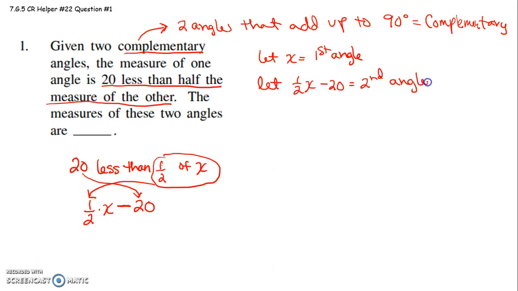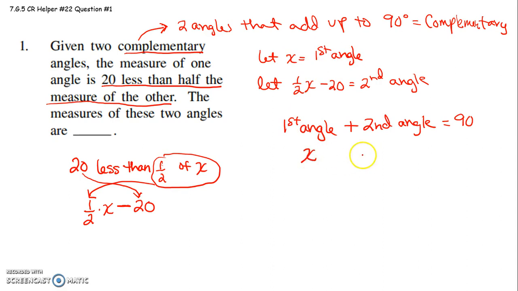We have two angles. If I take my first angle plus my second angle, those two have to add up to 90 degrees. They're complementary. What did I call my first angle?